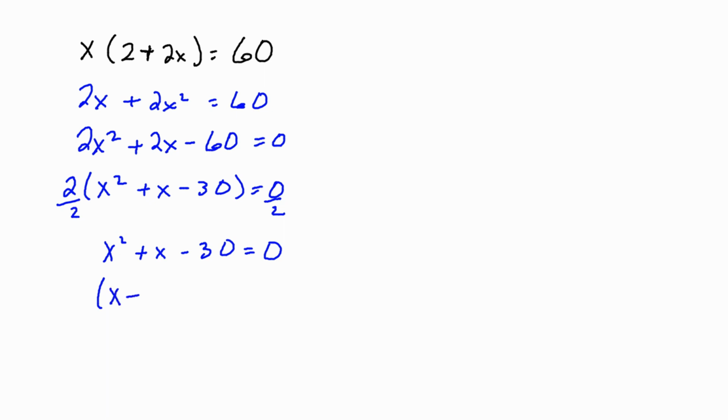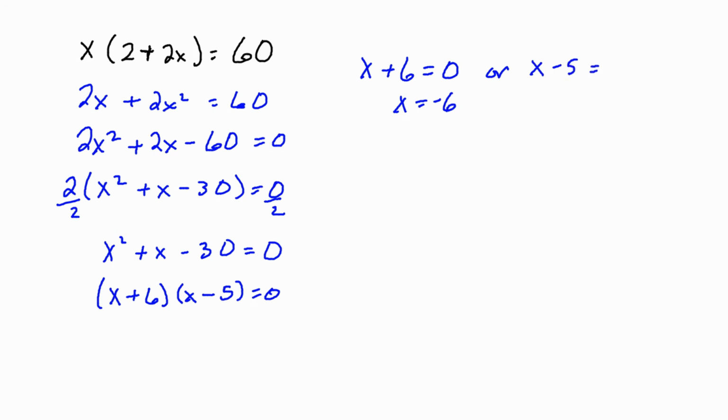So x plus 6 times x minus 5 equals 0. Now I can set each of them equal to 0. X plus 6 equals 0, so x equals negative 6. Or x minus 5 equals 0, so x equals 5.